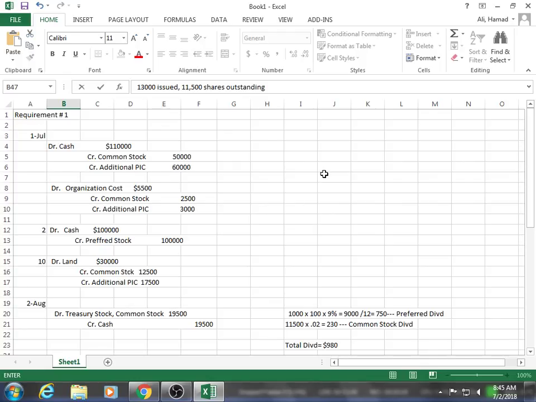The first 10,000 shares were issued at $11 per share, that's for July 1st. That's why that number is like it is right there. So 50,000 plus 2,500 is 52,500, plus 12,500.